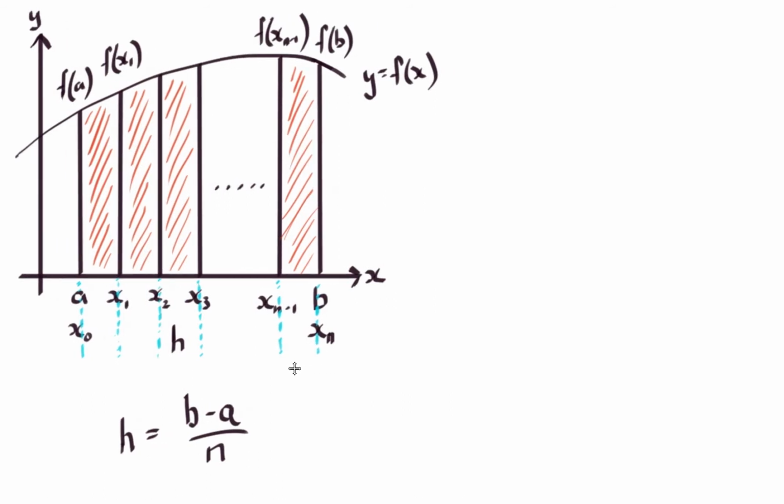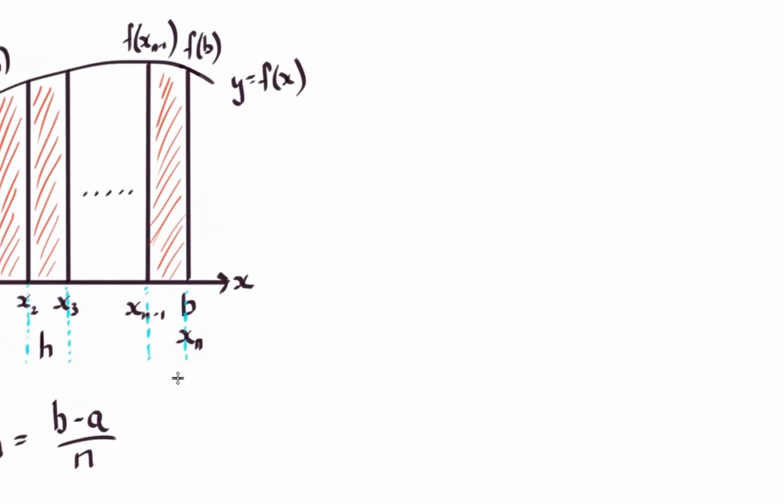So that means our formula can be written like this. The area is approximately equal to half times the height times the very first parallel side, f of a, and the last parallel side, f of b, and then 2 lots of everything else.